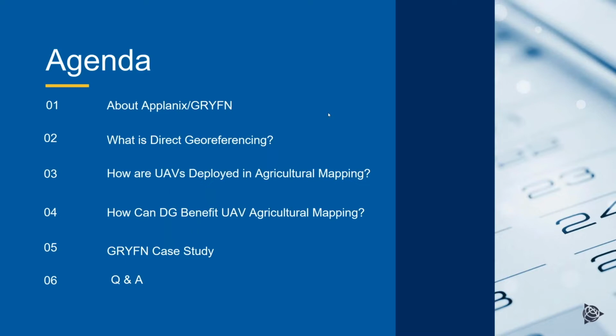And we'll take a look at how UAVs are deployed in the agricultural mapping segment. And we'll get into some of the benefits of direct georeferencing for agricultural mapping. After that, we'll get into quite a bit of material from Griffin regarding direct georeferencing and agriculture. And then at the end, we'll wrap up with a Q&A, and we'll take your questions at that time. If we don't get to all of your questions in the webinar, we will circulate answers subsequent to this webinar presentation.